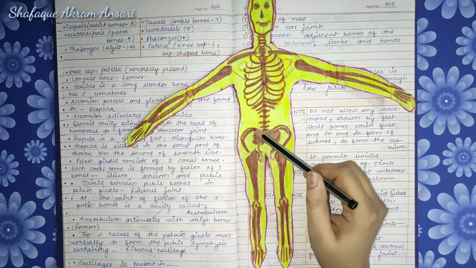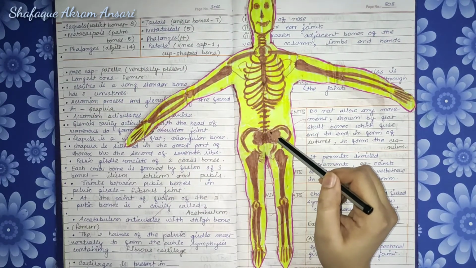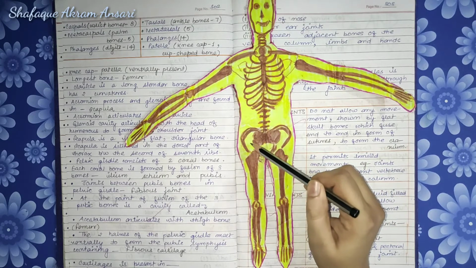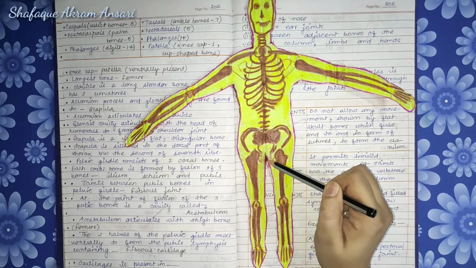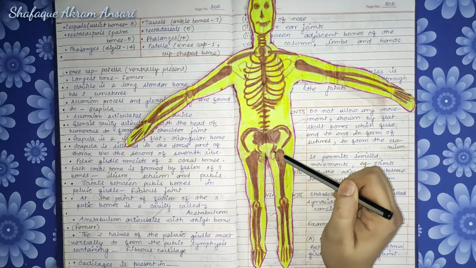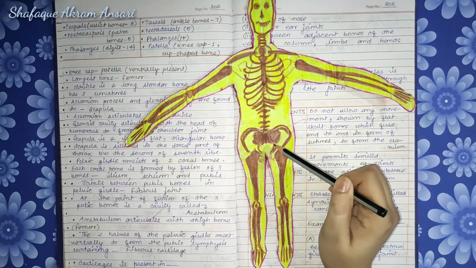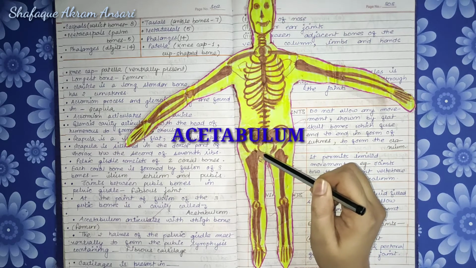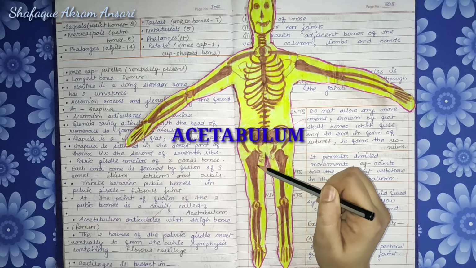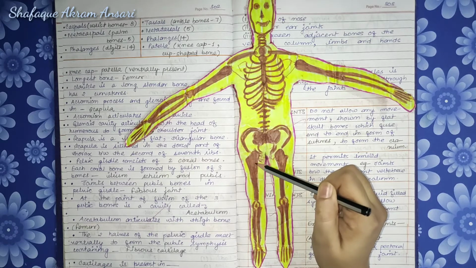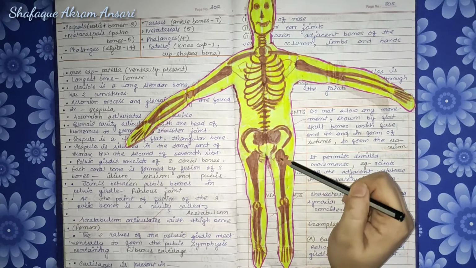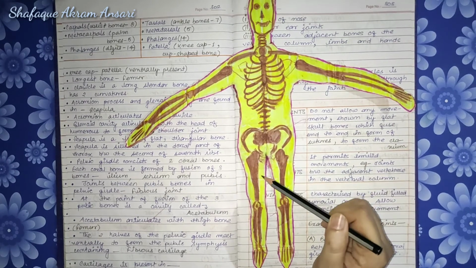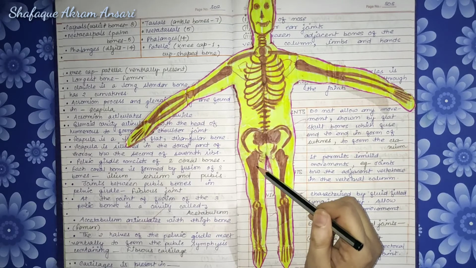In the pelvic girdle, there are your 2 coxal bones, your hip bones, each a fusion of 3 bones: ilium, ischium and pubis. At the point of fusion of these 3 bones is a cavity called the acetabulum, where the thigh bone articulates. 2 thigh bones, femur.